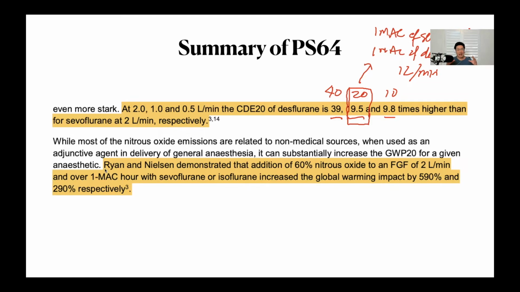Again, I can see why I'm so sympathetic to you guys out there, because you can see that the numbers are presented in so many different forms. Do you see this? 590 is presented as a percentage, and this is presented as a times.